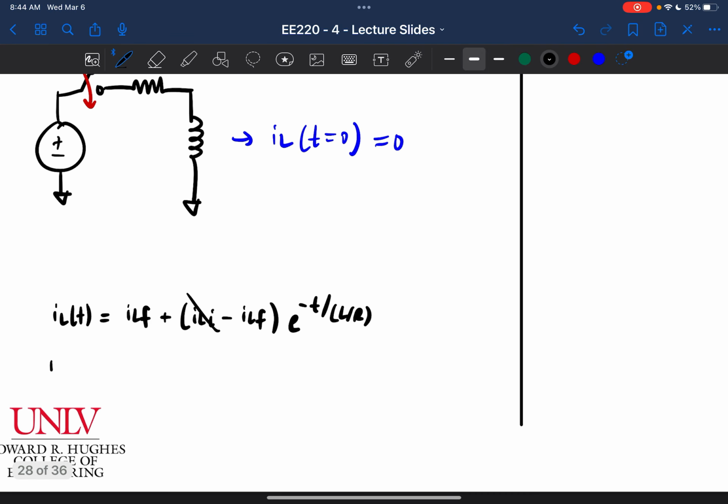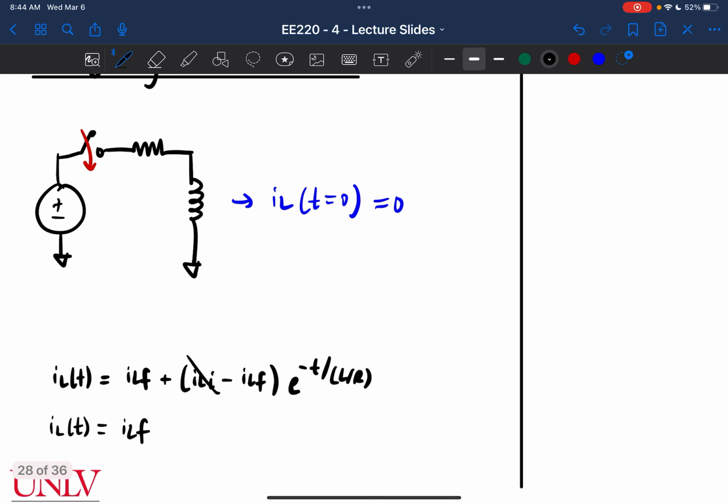And what I'm left with is IL of t is equal to the final current, which is going to be, once this transient behavior has passed and my inductor is now a short, whatever VI over R is at that point, since the final voltage across the inductor will be 0 volts.